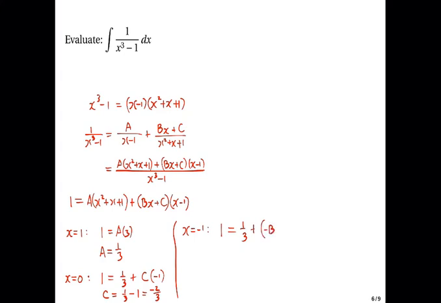And then you have the plus c here, but c is equal to negative 2/3. So we have minus 2/3, okay? And then negative 1 here, we have here negative 1 minus 1, that's negative 2. And then we just solve for the value of b.